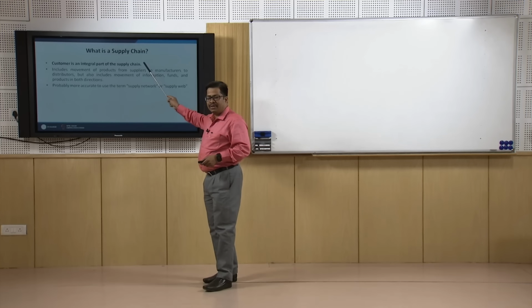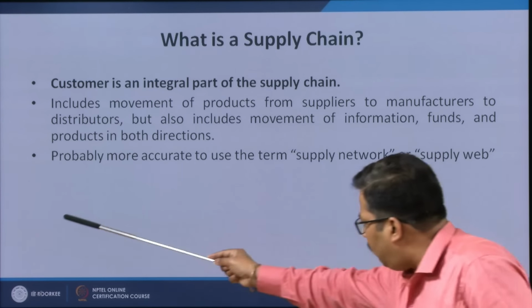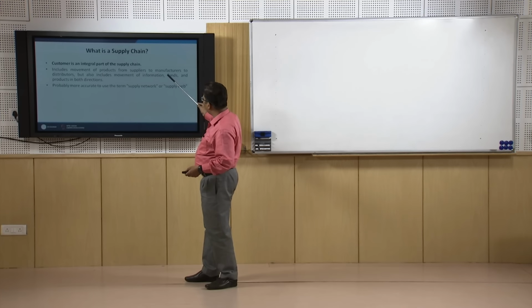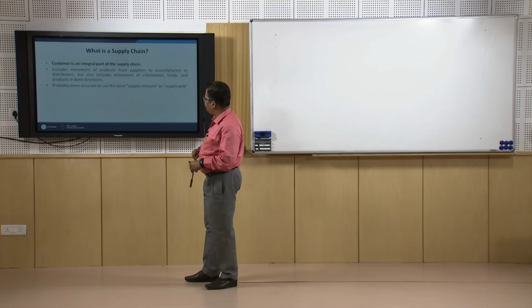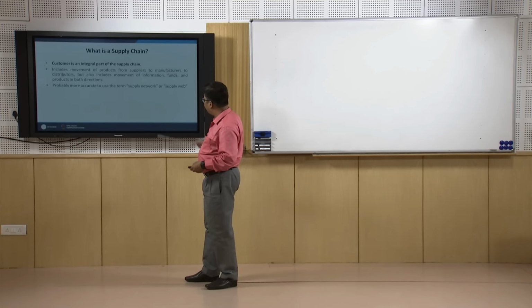As I mentioned, the customer is very much an integral part of the supply chain, and the supply chain includes movement of products from suppliers, those are here in the left side of the supply chain, to the manufacturer and to the distributor, and also includes movement of information, funds and products in both directions. We will see these things in a better pictorial manner in our coming slides.